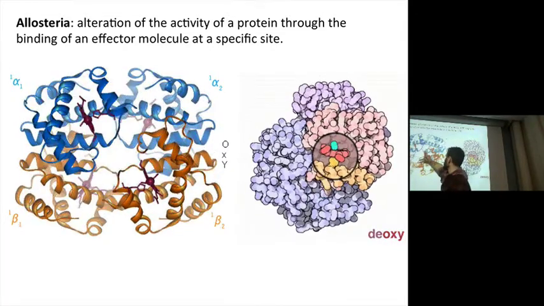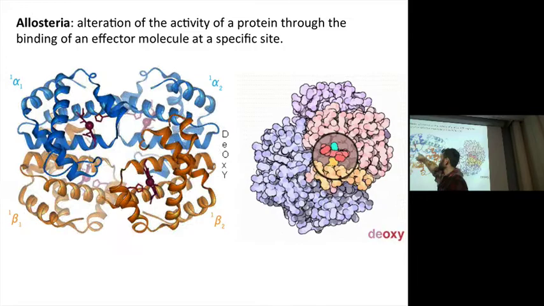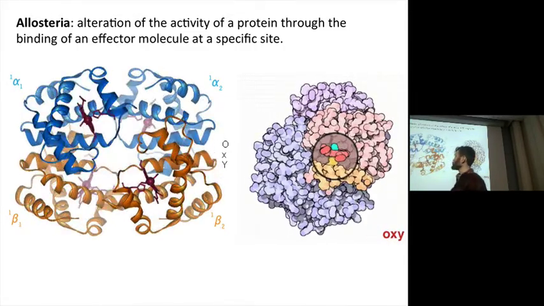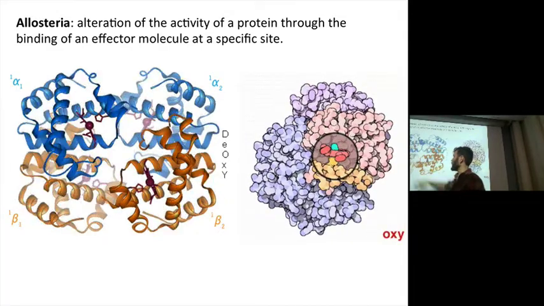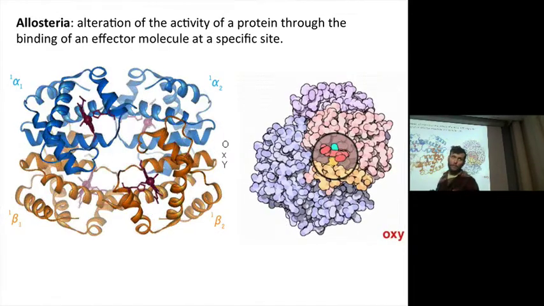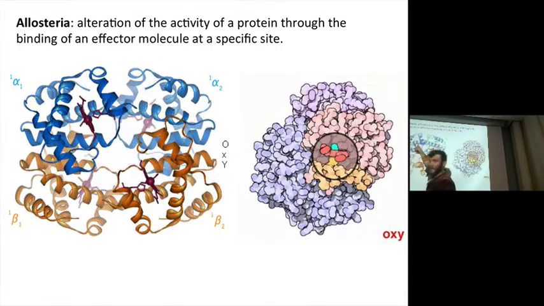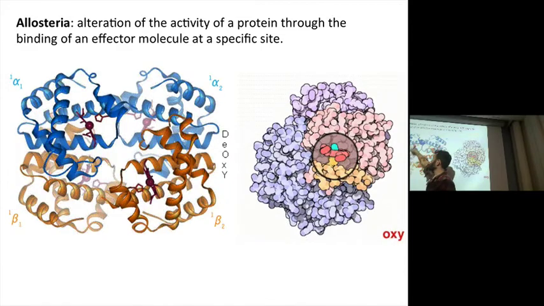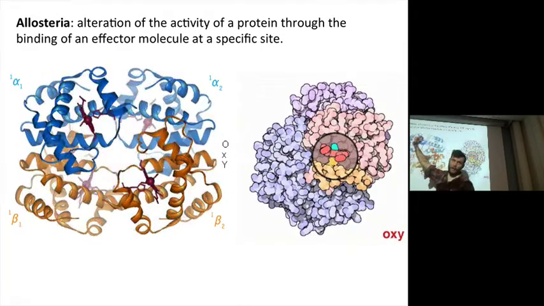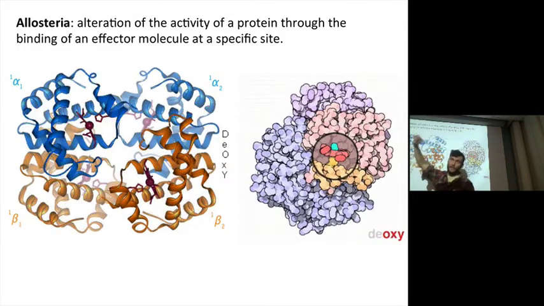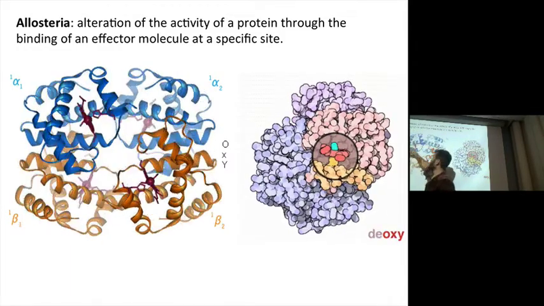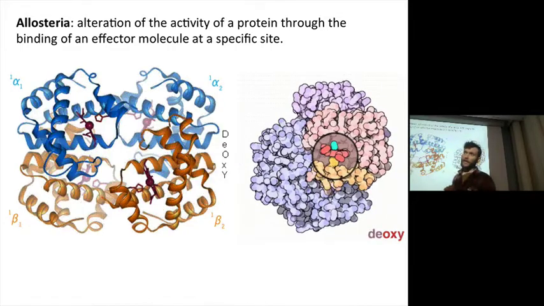As we shift from deoxy to oxy, we can see that there is indeed a change in this cavity that I was pointing out earlier in the donut hole. We can also see a change in the orientation of that histidine that is associated with the iron, the either +2 or +3 oxidation state iron that is embedded in the porphyrin ring of the heme group.